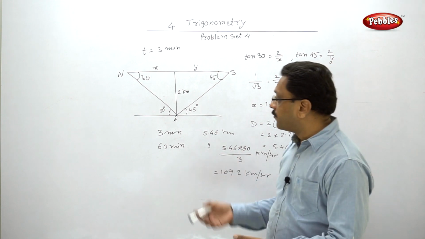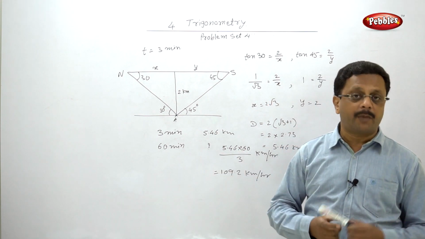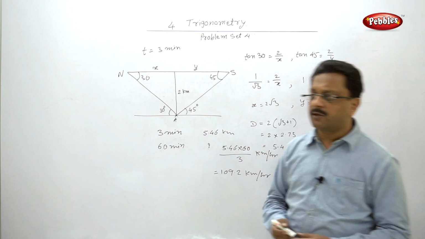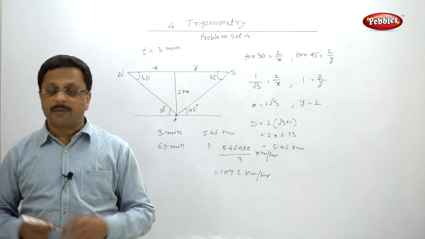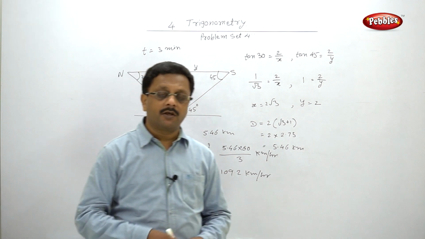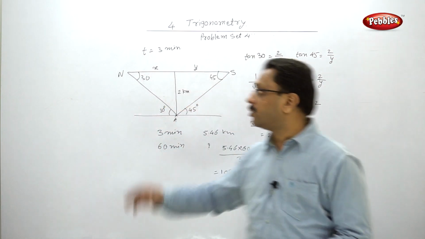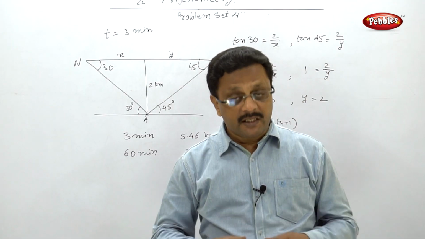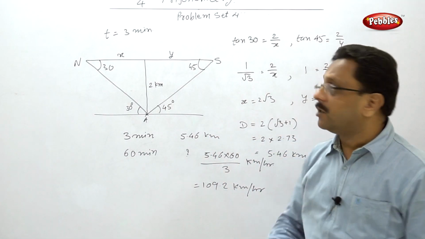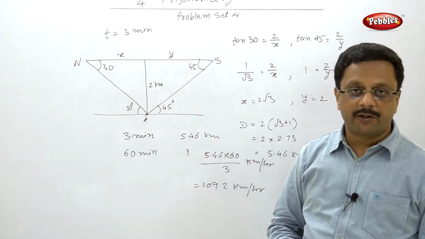I suggest you go through past year papers, minimum 50 papers, specimen papers or past year papers, find the examples related to trigonometry and solve them so that it will be easy for you to solve any problem related to trigonometry.